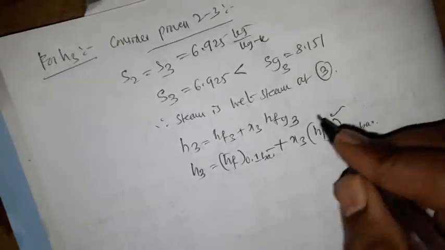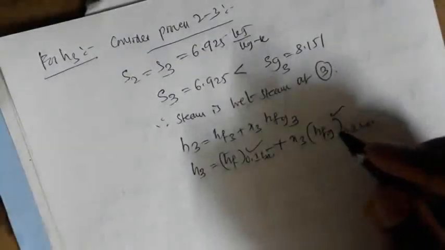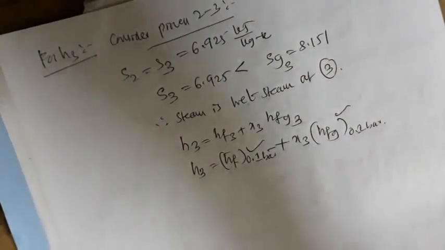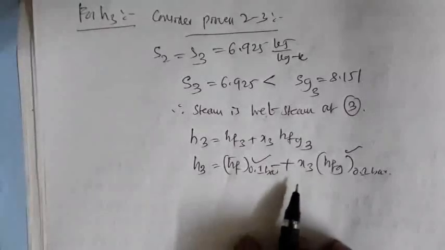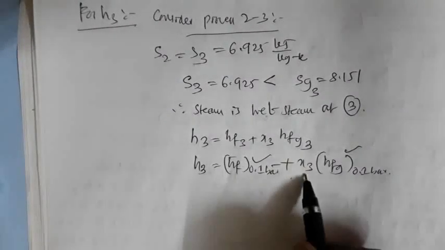So we have these two values, but X3 is unknown to us.